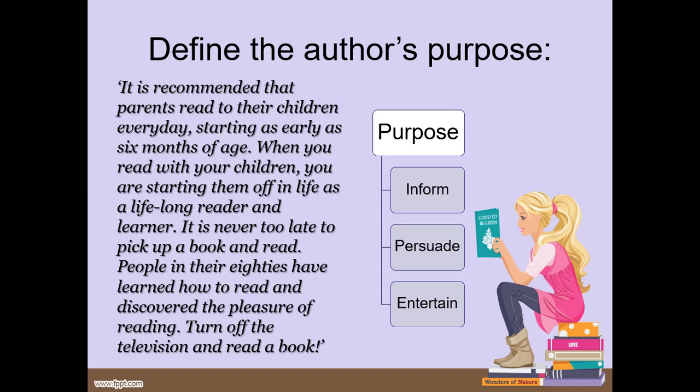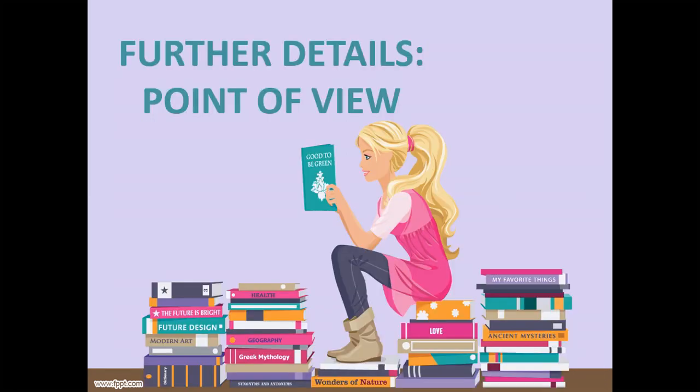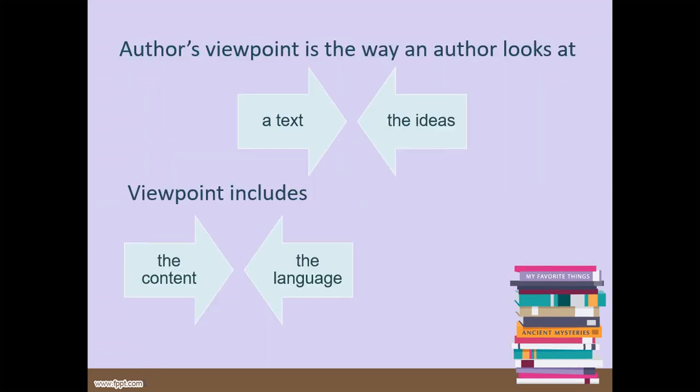Here is the end of our practice section. I hope you learned how to differentiate the author's purpose. Now, let's turn to talking more about point of view. The author's point of view is the way an author looks at a topic or the ideas being described.